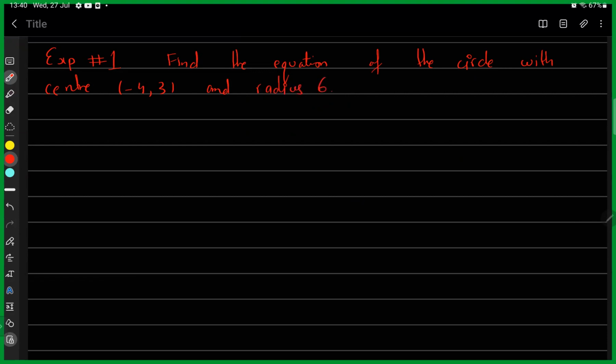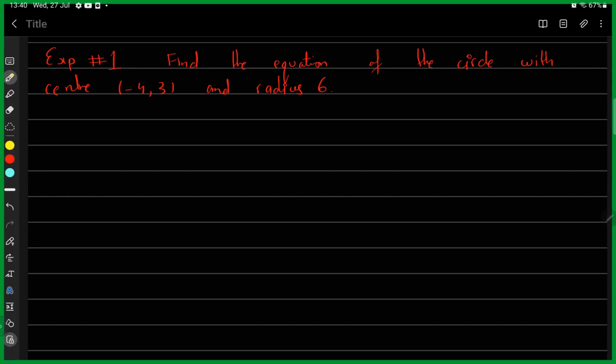Now you won't get to find a question of this type in past paper exams because this is very, very basic. Like you can, but you know, it's very unlikely because it's very easy. The purpose behind doing this example is just so you get comfortable with the equation of circle.